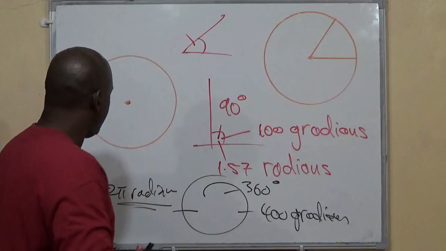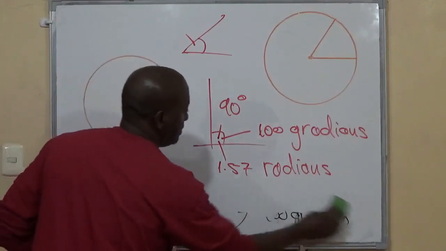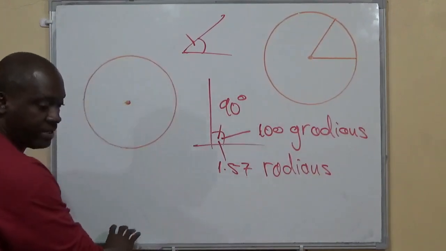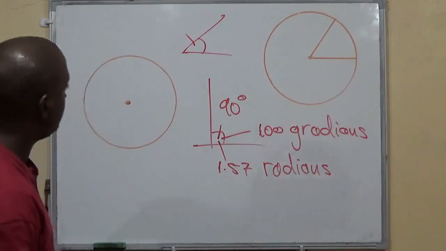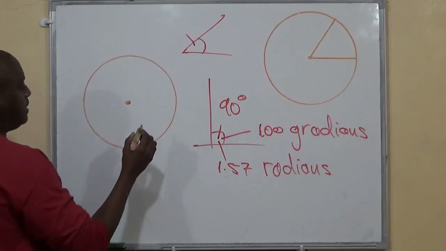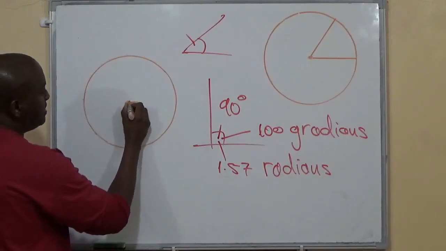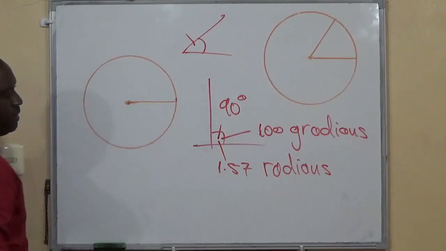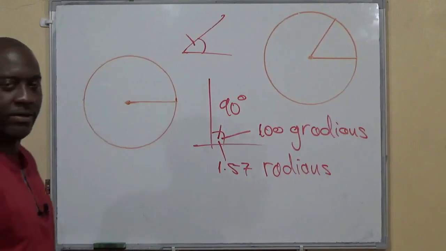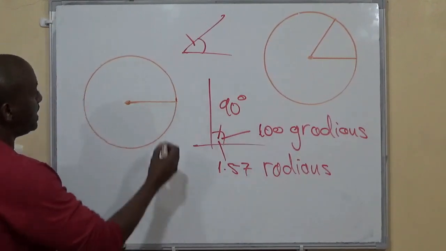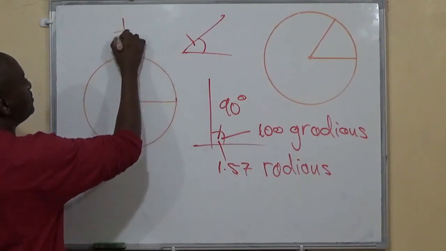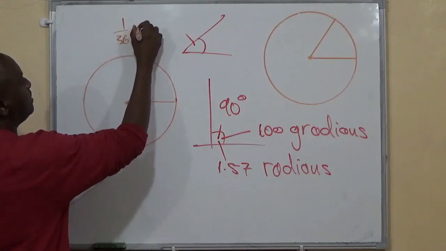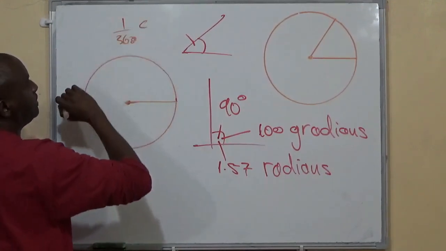So basically what we are saying is that a degree is defined as the angle subtended at the center by an arc on a circle that is 1 over 360 of the circumference.